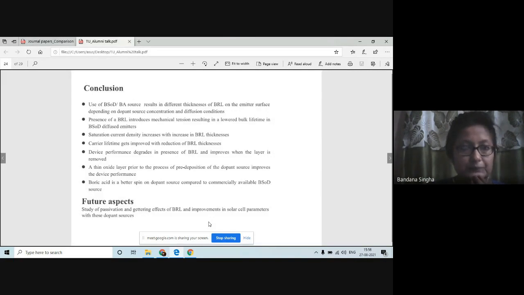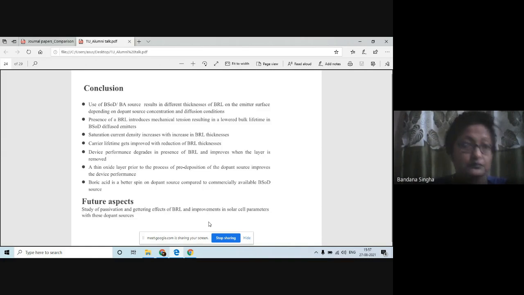And yes, we could see that the boron-rich layer is a phenomenon which is not desired in emitter formation, and it's very essential to lower the formation of the boron-rich layer on the emitter surface by different process steps.